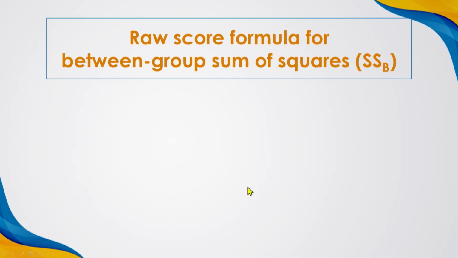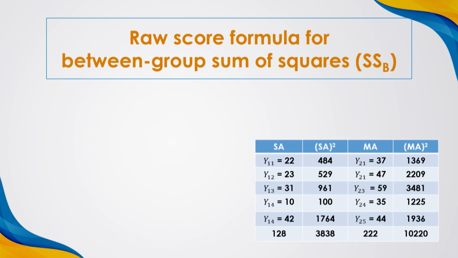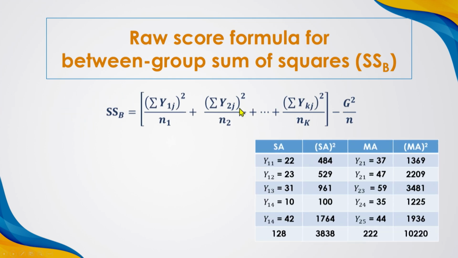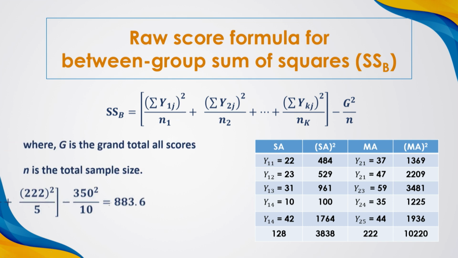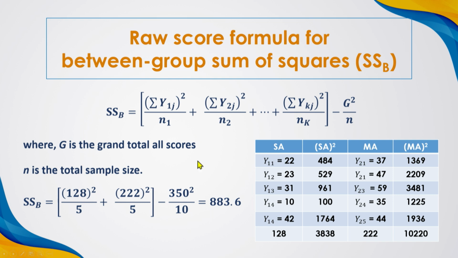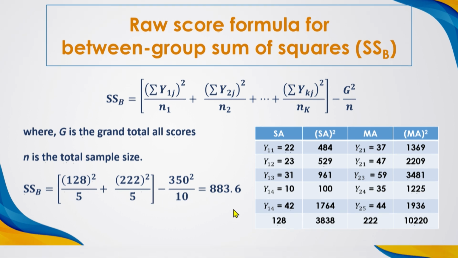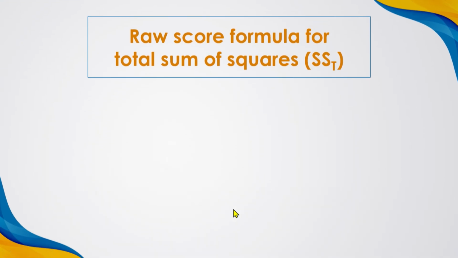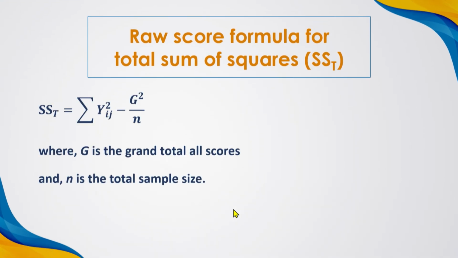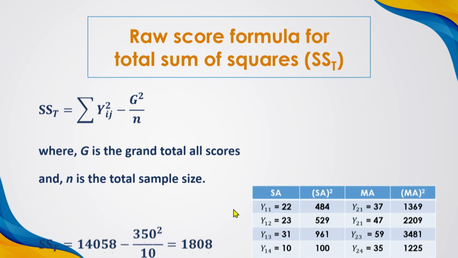Similarly, we will compute the between sum of squares using the Roscoe formula. The data is here and the formula is here, where G is the grand total of all the observations and N is the total sample size. After substituting all the sums in the formula we will get the between sum of squares as 883.6. Now, we will calculate the total sum of squares using the simplified formula.